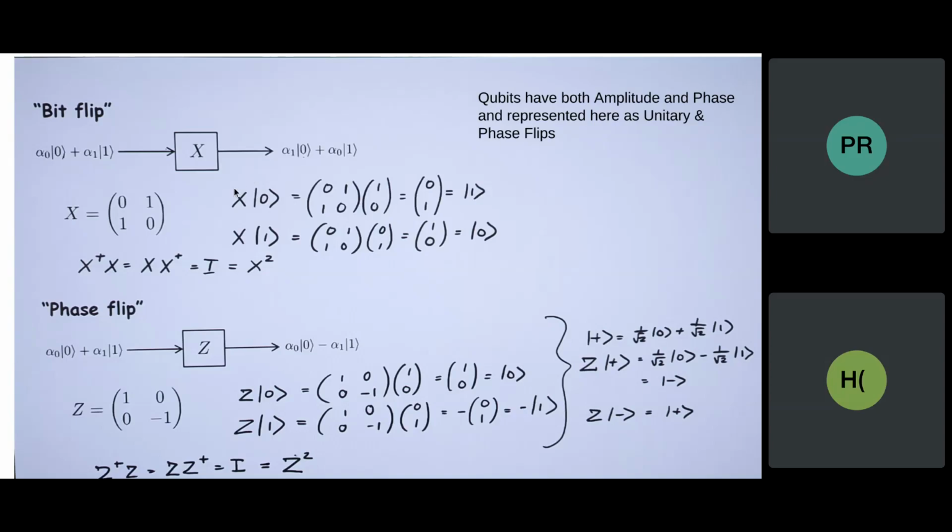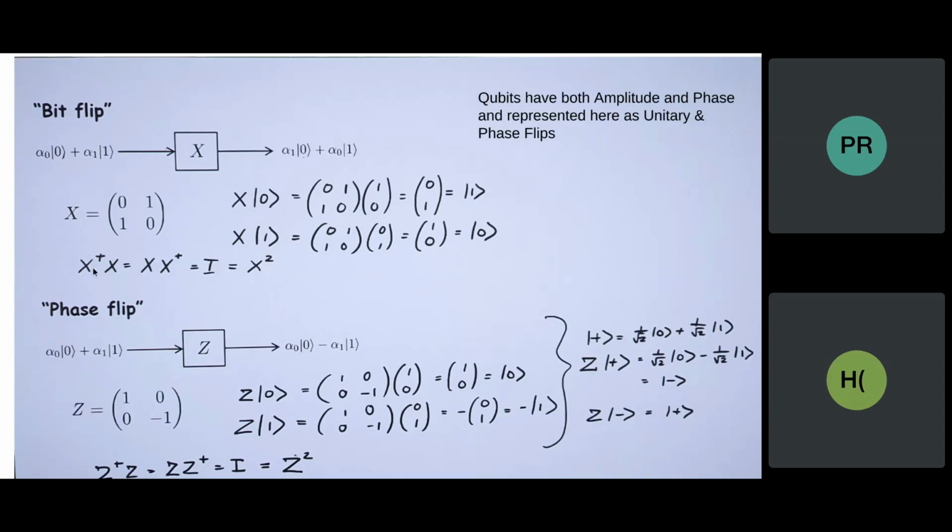So you start with a ket 0, multiply by the operator X. In this case we are using matrix multiplication, equivalent of what we do in the tensor product. So if we do that, then on matrix representation we are able to arrive that the X gate flips the bits from 0 to 1, 1 to 0.